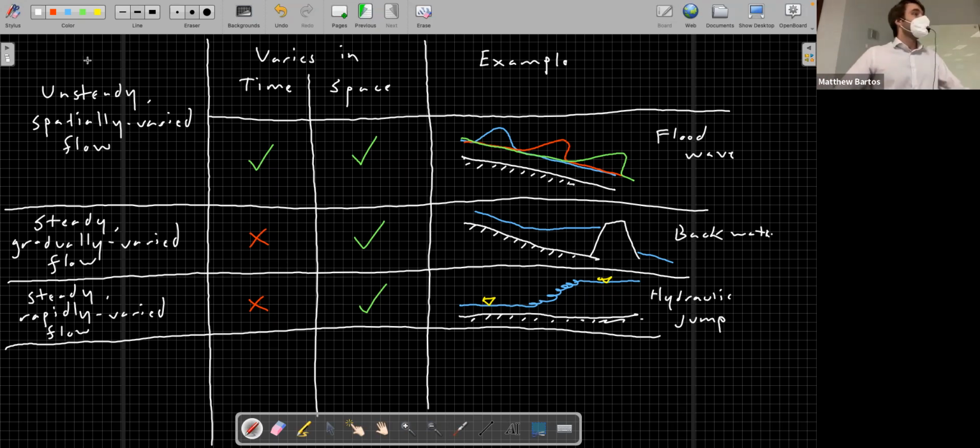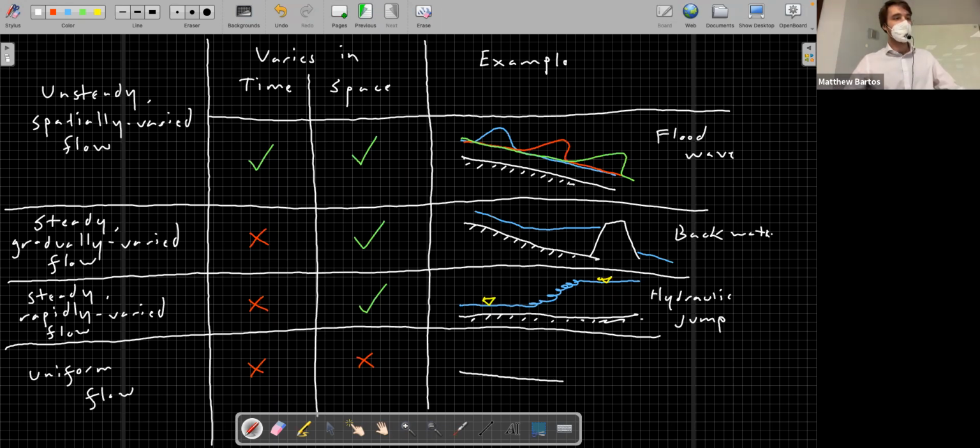And finally, we have the case where the flow varies neither in time nor in space. Does anyone remember the special term that's used for this type of flow? Uniform flow, exactly right. This type of flow only applies when the flow varies neither in time nor in space.